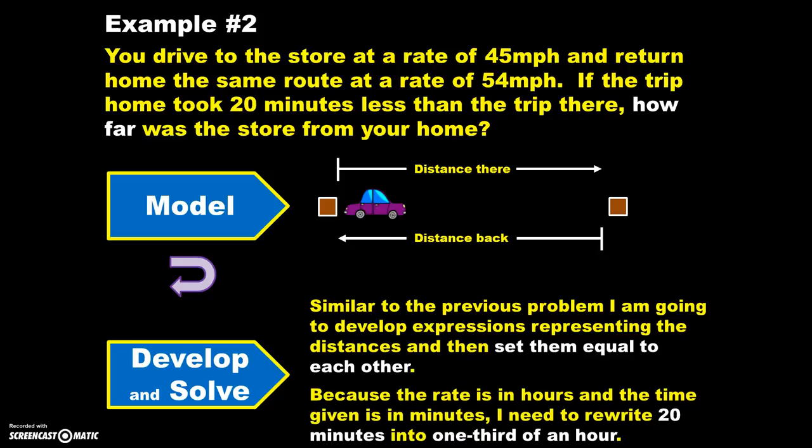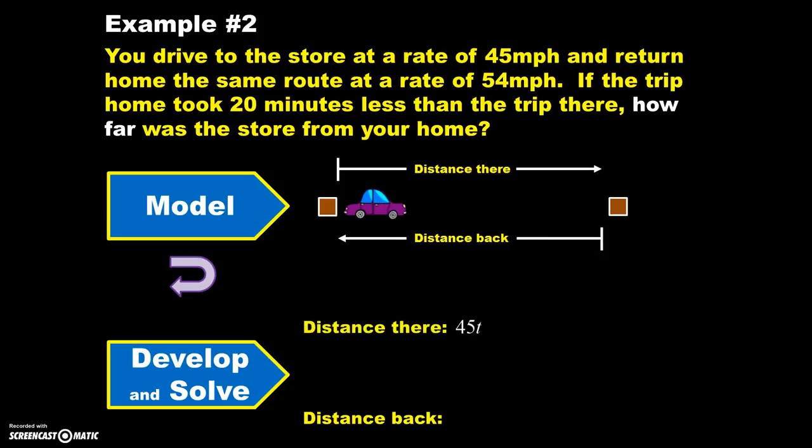Because the rate is in hours and the time is given in minutes, I have to rewrite that 20 minutes. We know that 20 out of 60 is 1/3, so instead of 20 minutes, I'm going to use 1/3 of an hour. The distance there is going to be 45 miles per hour times the time, because distance equals rate times time.